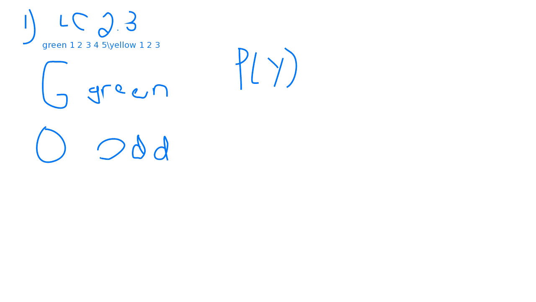So again, probability is the number of ways to get what you want over the total number of ways.